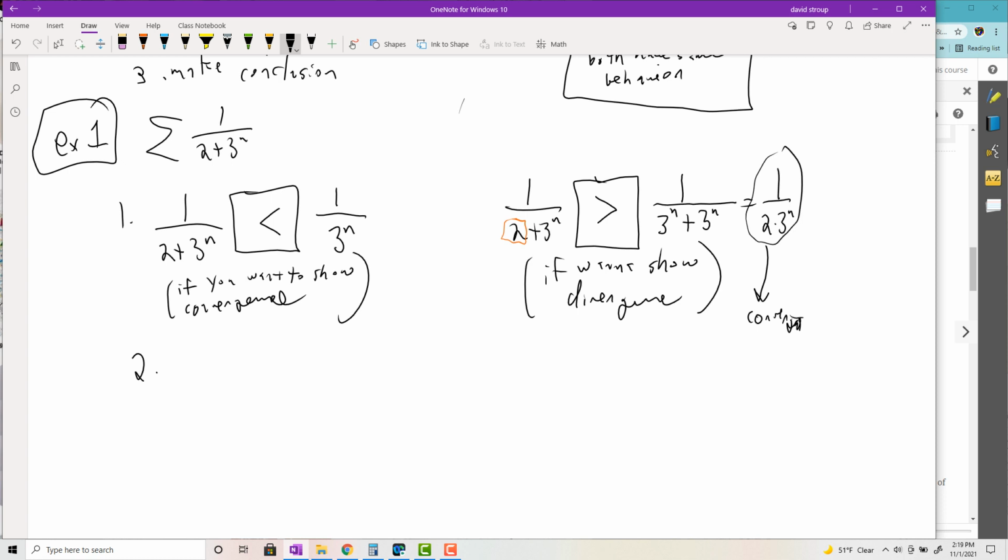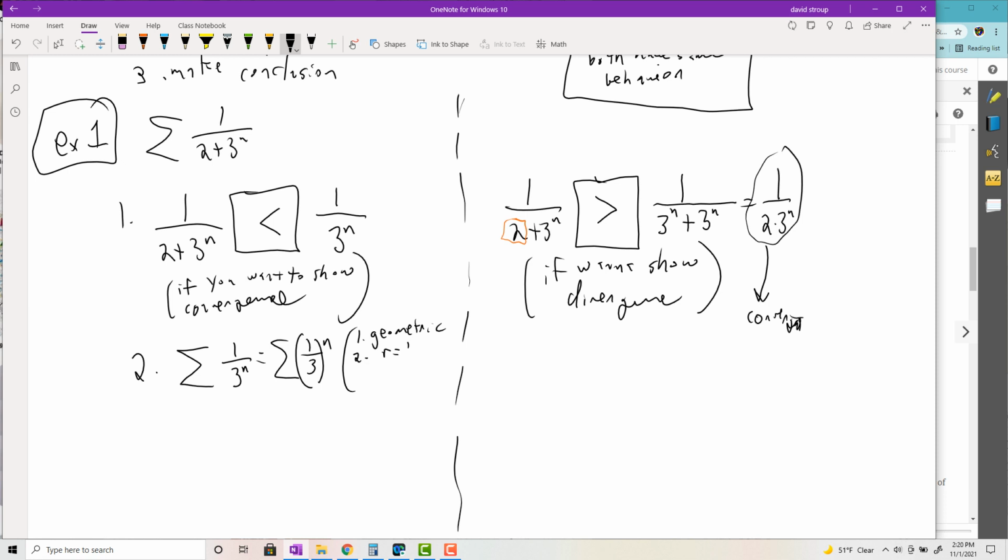Secondly, in the kind of program that I want you to show on the test, you need to make a statement about the series you're comparing. This 1 over 3 to the n is basically just a geometric series with r value 1/3. So you have three things to say. What kind of series is it? It's geometric. What's its particular criteria?